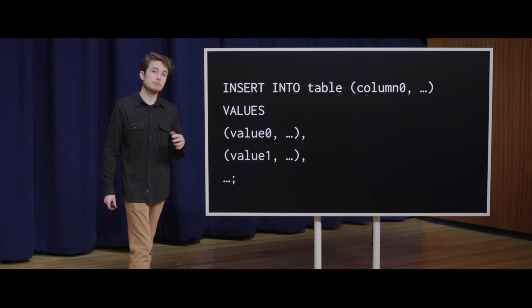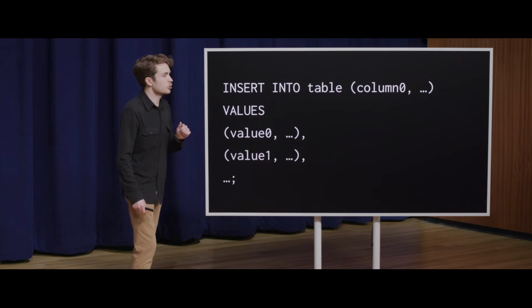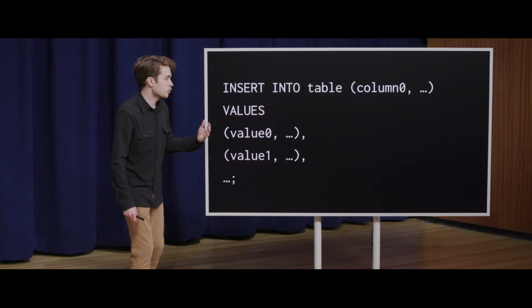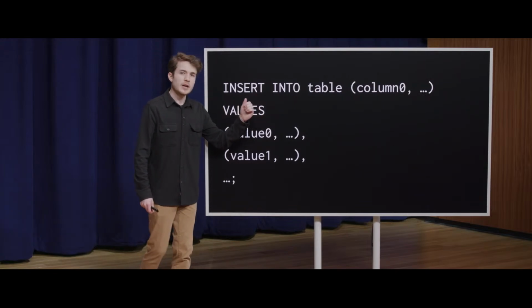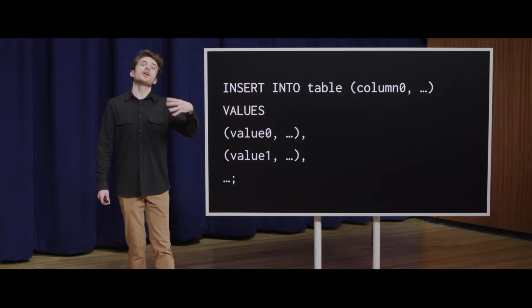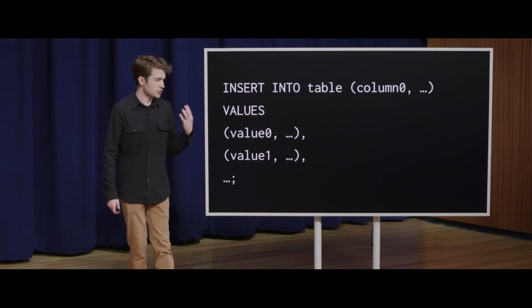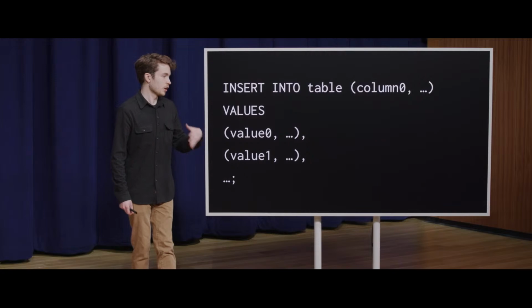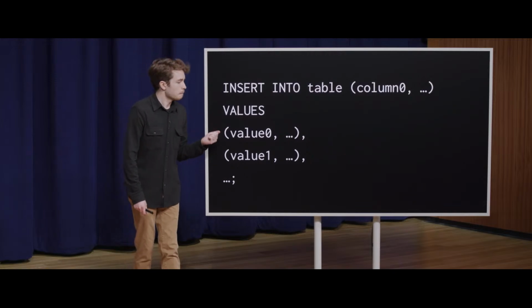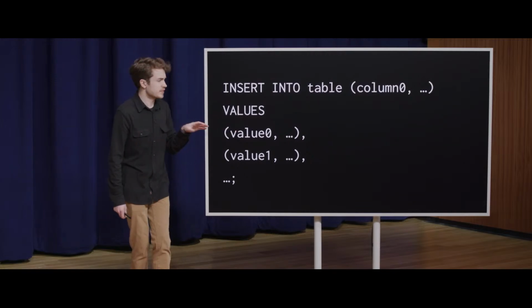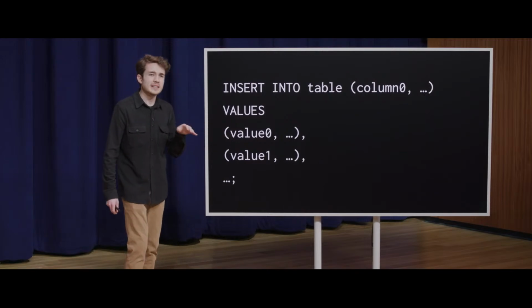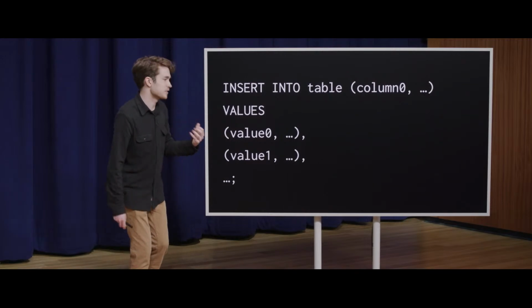But it's also, in most cases, going to be faster for me to insert 100 rows in one go than to insert one row 100 times. So this is both a convenience thing for programmers and also an efficiency thing to optimize your database as well. So let's try this syntax now to avoid me sitting there for hours and hours writing many insert intos.